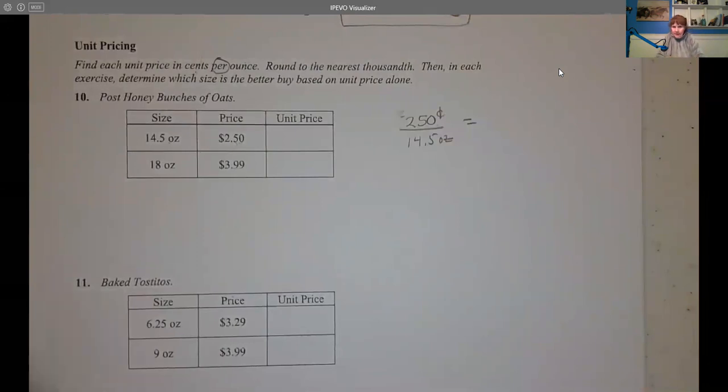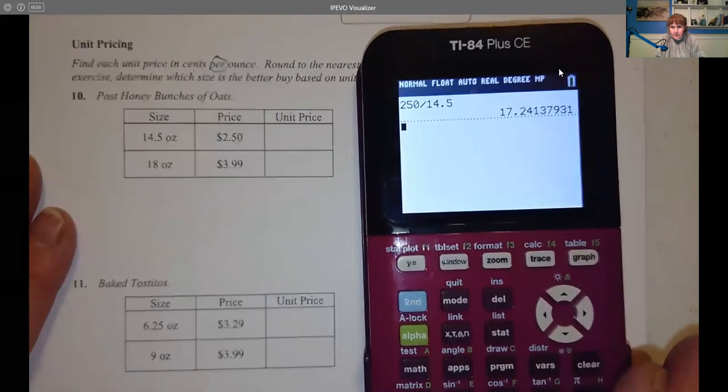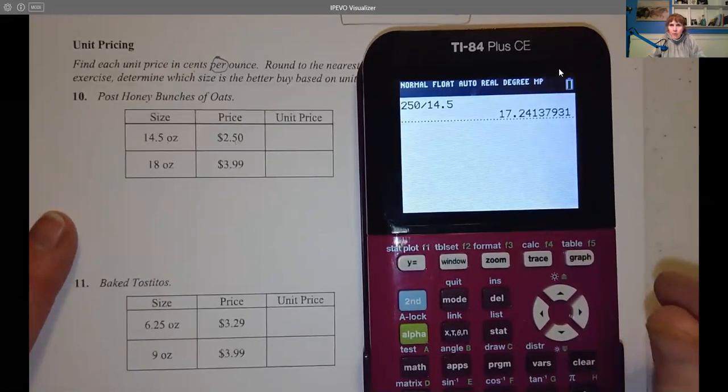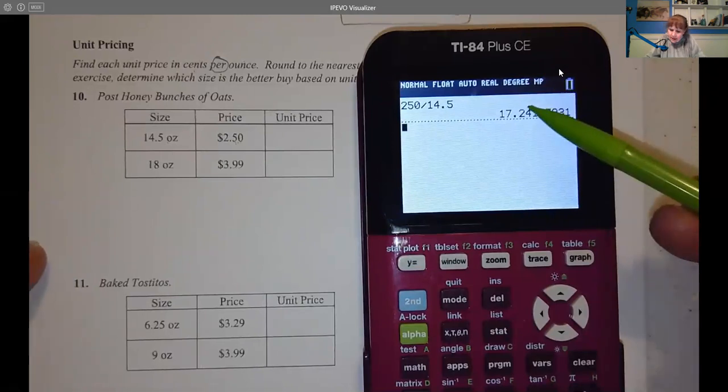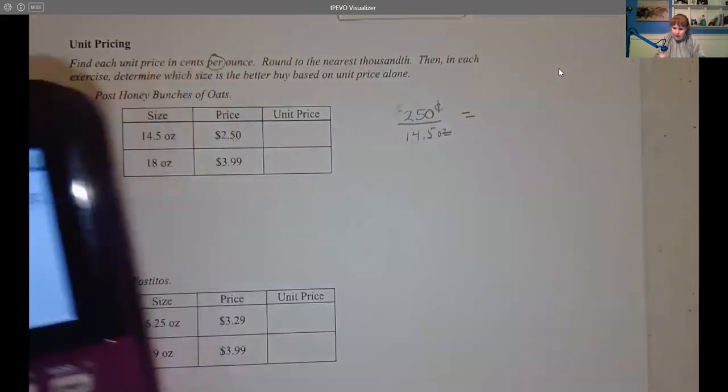We're going to get 17.241. Now they want us to round to the nearest thousandth: tenths, hundredths, thousandths. So that one is in the thousandth spot. So we look to the right and we increase it by 1.